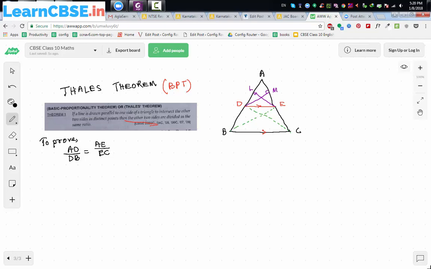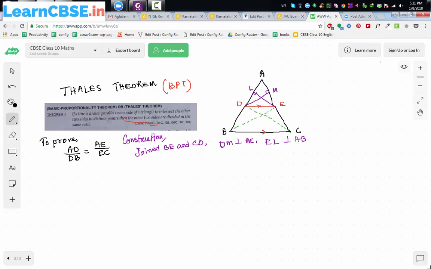In the construction portion, we joined BE and CD, and we have drawn DM perpendicular to AC and EL perpendicular to AB. So these are the two constructions we did.